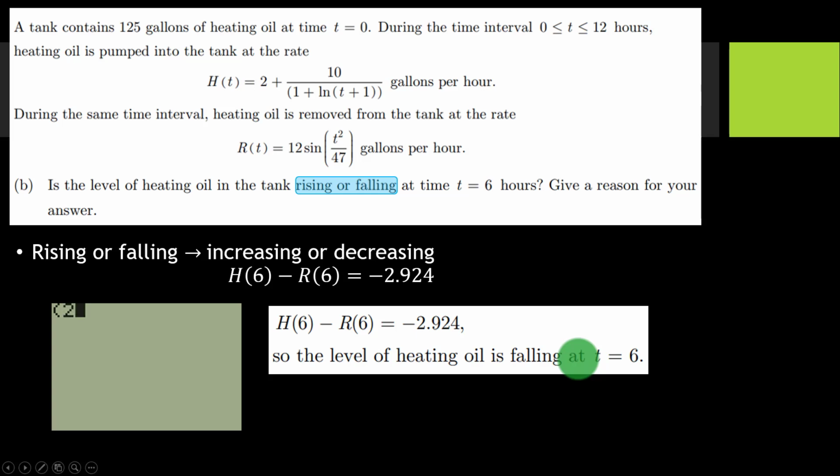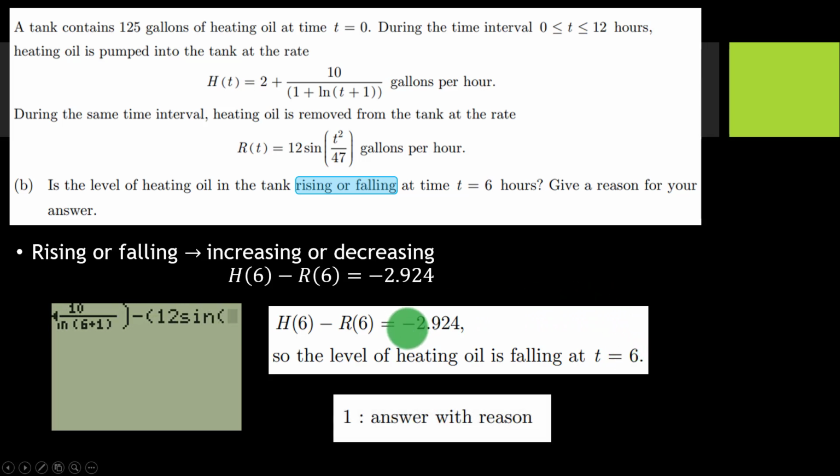One thing we need to remember when writing our justifications for these problems is that we need to include the math, then we need to include what we're talking about, like the population. We need to say the level of heating oil is falling, and we need to include the time every time. When they tell us at t equals 6, we also in our answer have to say at t equals 6. This is 1 point for the answer with the reason.